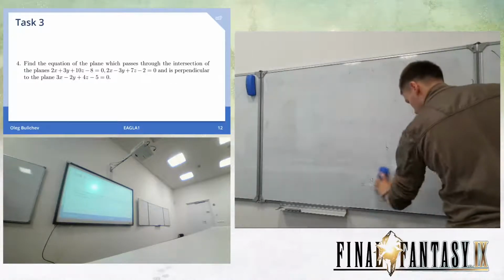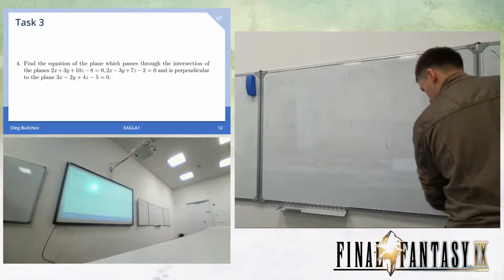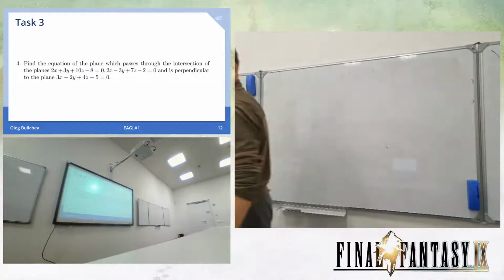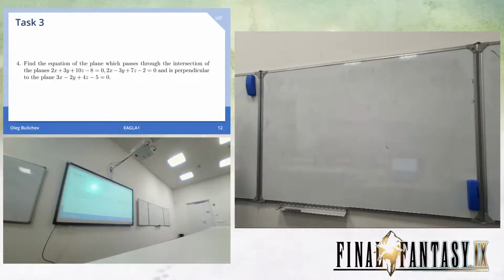In the previous task, I think it should be parallel to both planes. Yes. With a different task. The answer is following.